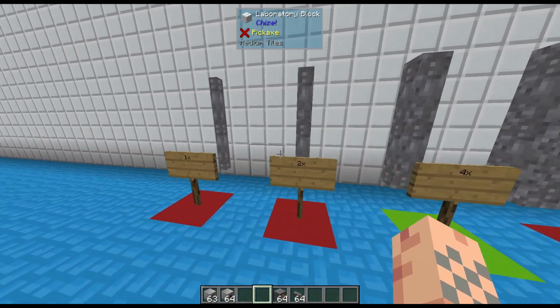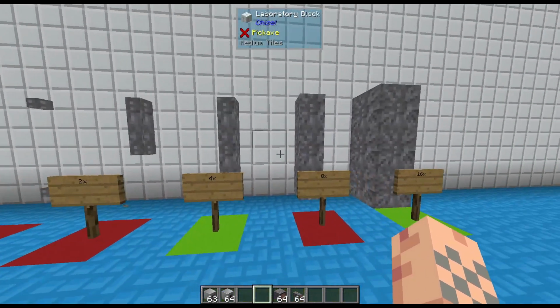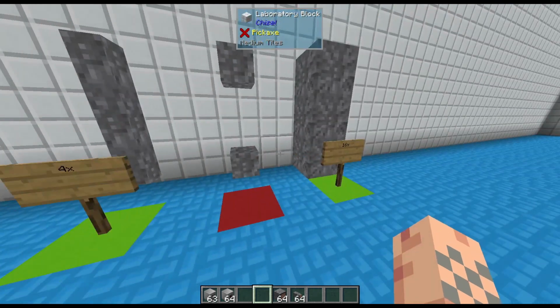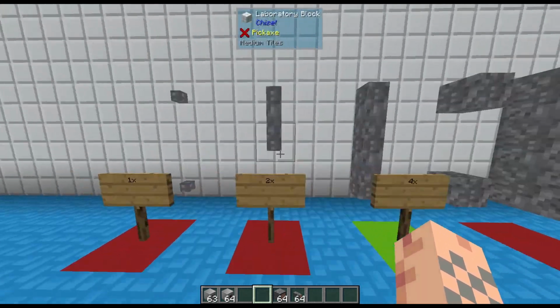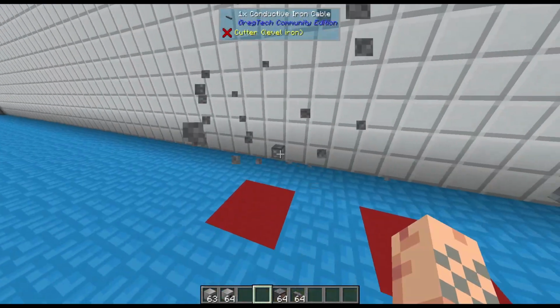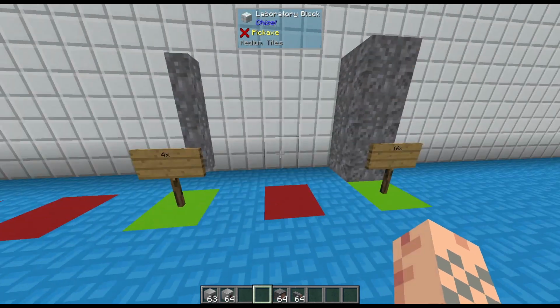So these guys over here, these noobs, just don't use them. No, you don't need them. You can use them for crafting, but imagine that they don't exist. Okay?